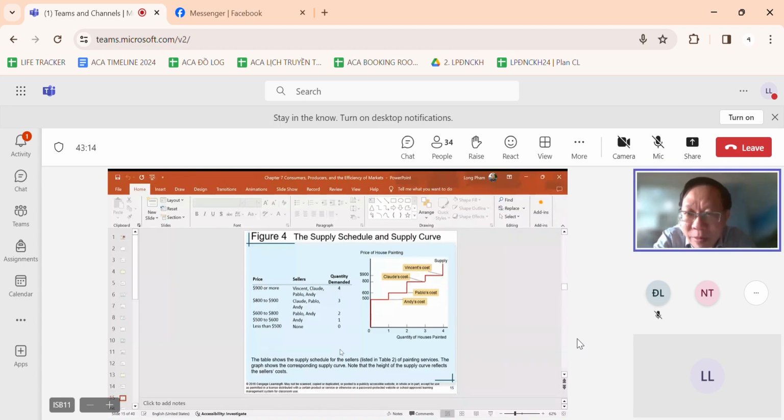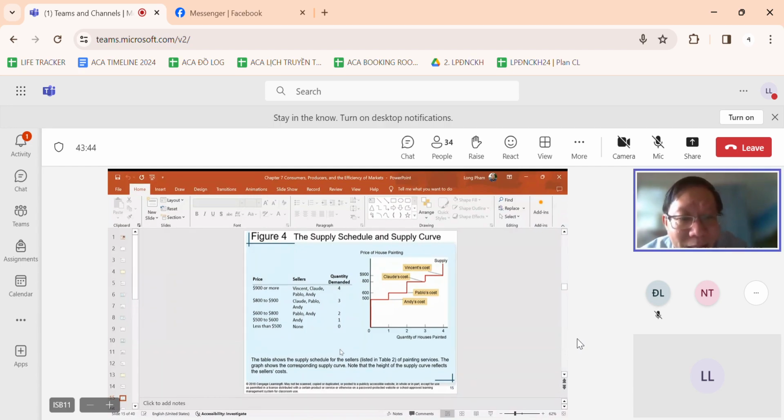No, they could not, because their cost is higher than 500. That means they could not engage in the market. Similarly, they produce nothing, zero, because their cost is higher than the price.